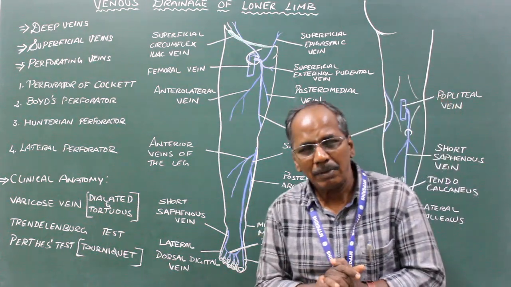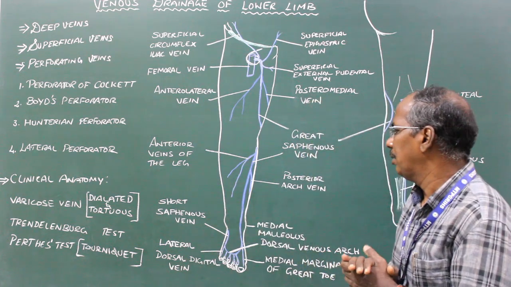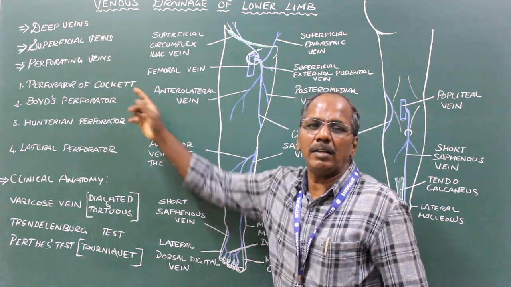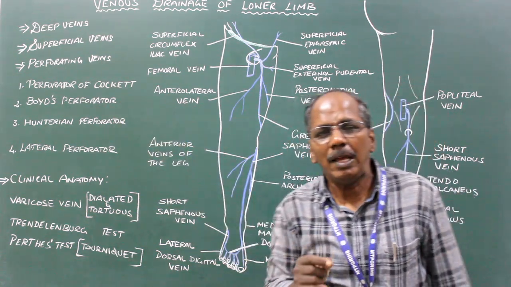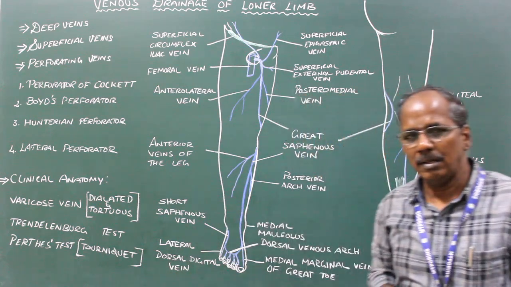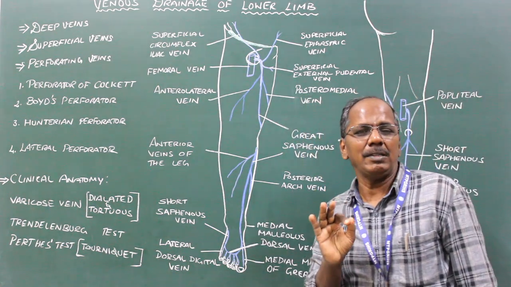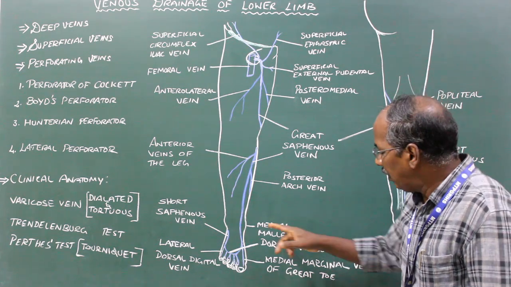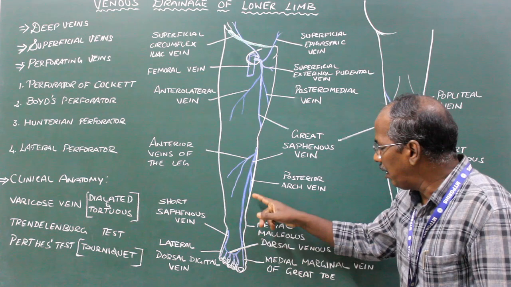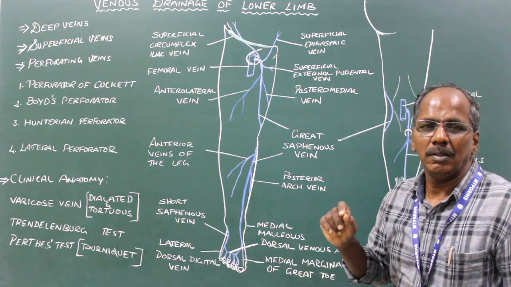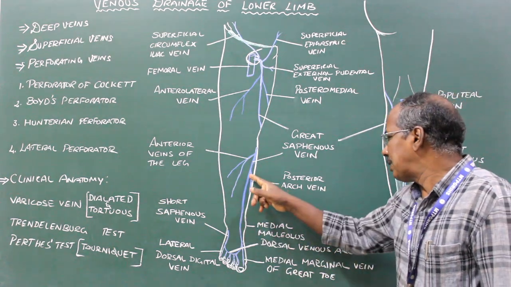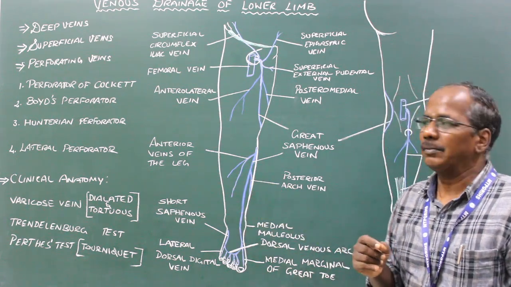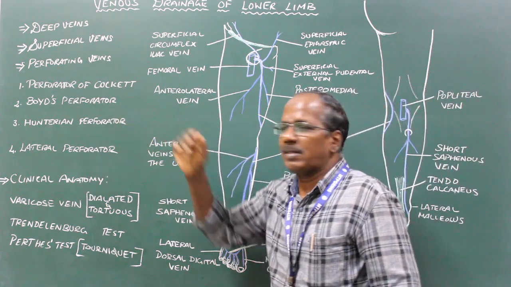Location of perforators. Number 1, perforator of Cockett or medial ankle perforators. They are 3 in number. They are situated between the medial malleolus and mid-calf. They connect the posterior arch vein with posterior tibial vein. Number 2, Boyd's perforator.